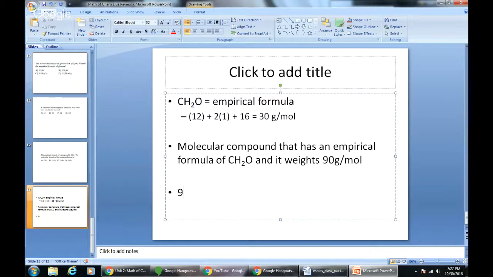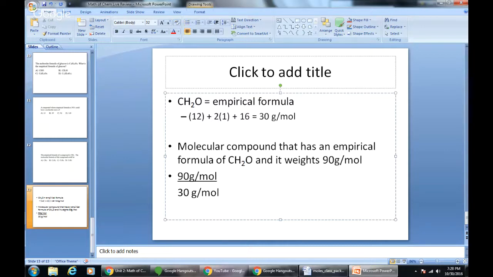So 90 grams per mole is what this one weighs. It's not 30. If it was 30 grams per mole, it would be CH2O. It's 90. So 90 grams per mole divided by what the empirical weighs. The empirical weighs 30 grams per mole. So if you do 90 divided by 30, you will get 3.